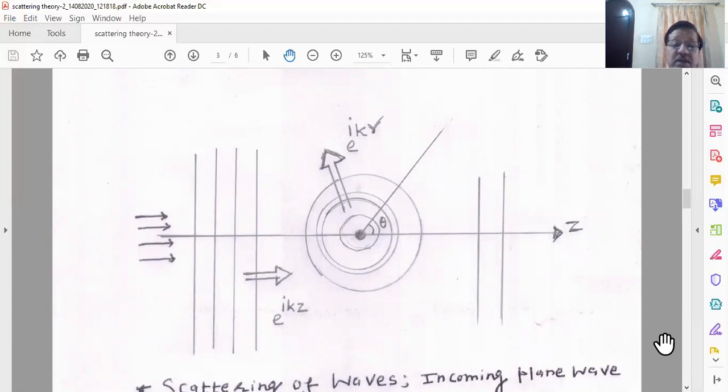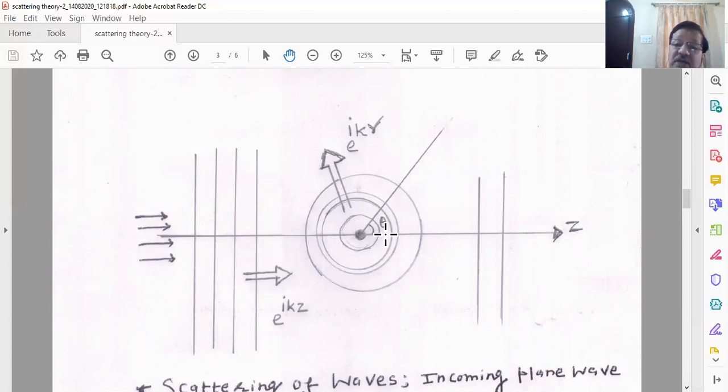Now, with this introduction, please remember that we want to study the wave nature of the scattered wave at a large distance. First of all, we would like to understand the scattering amplitude. Here you see that the scattered beam, which is scattered at angle theta, is basically known as the angle of scattering.